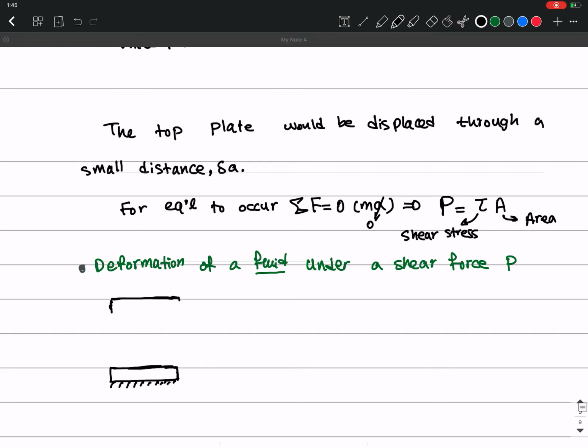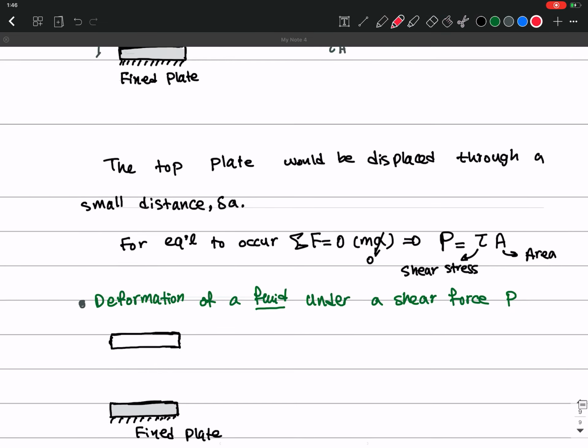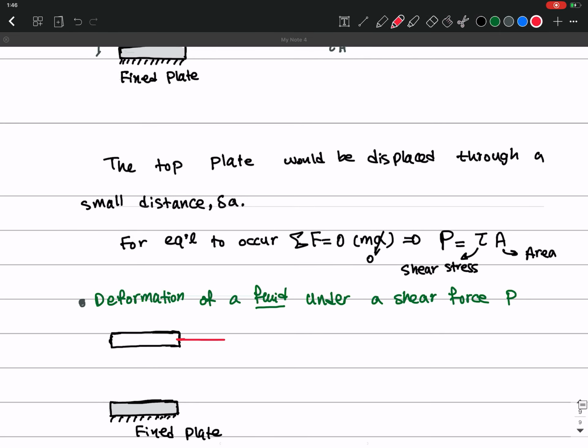Before, in between these two plates we had solid material. This is a fixed plate again. I'm going to exert a P force again, like before.